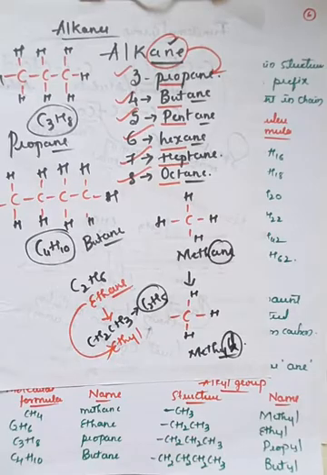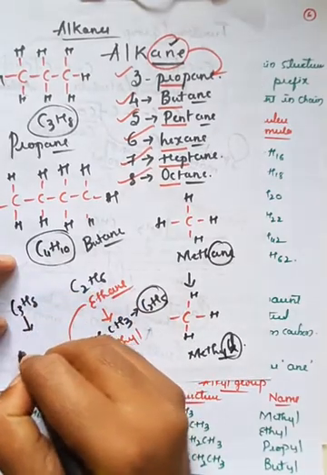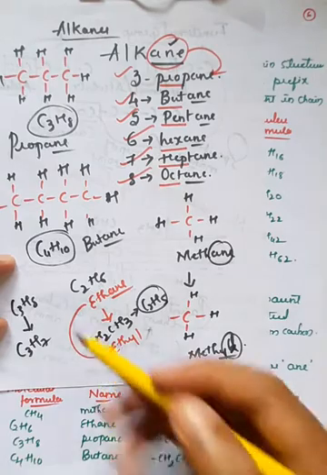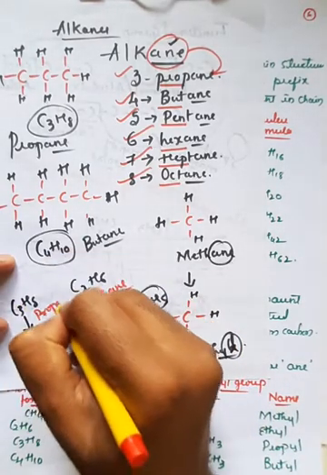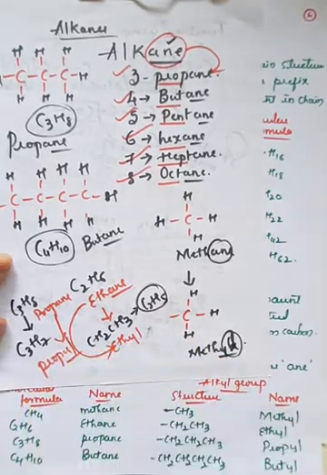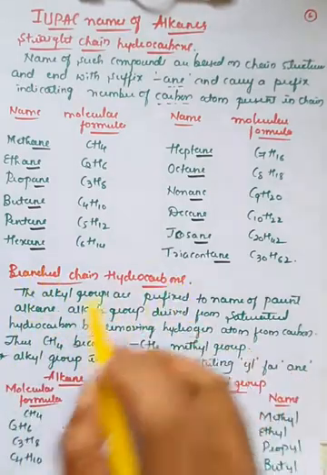Similarly, if you take C3H8, I can convert this C3H8 into C3H7, and this was initially propane, and I have converted it into propyl, right? So by removing one of the hydrogens, we can convert that into the branched chain hydrocarbon, right?